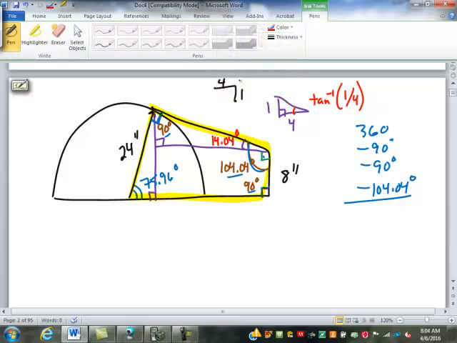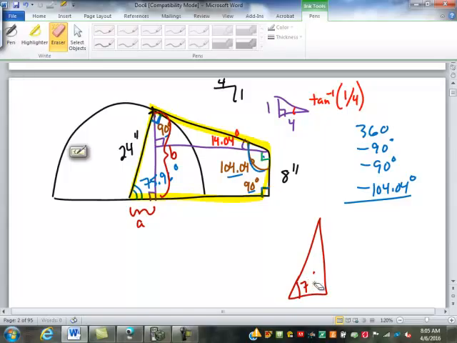He's just confused, that's fine. Don't mind him. We want to find this dimension here, I'll call A. And this dimension here, I'll call B. We have the 75.96 degrees and the 24 inches. This is a right angle here, and this is 24 inches.